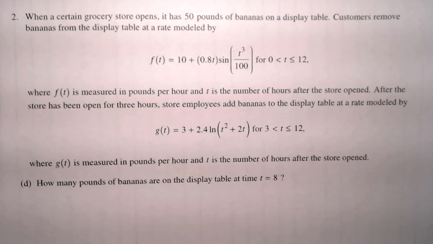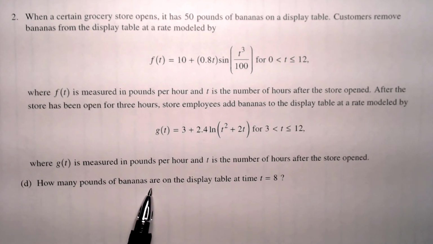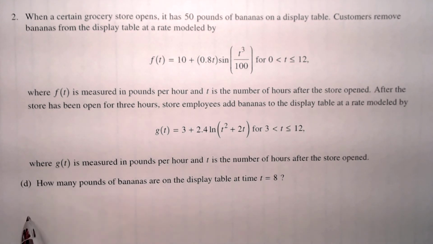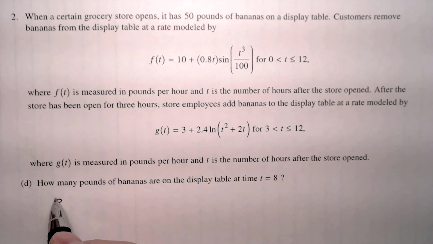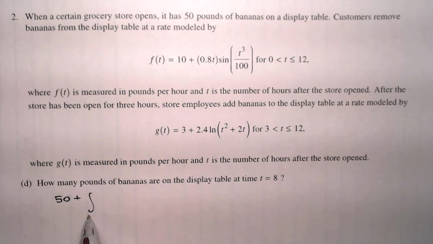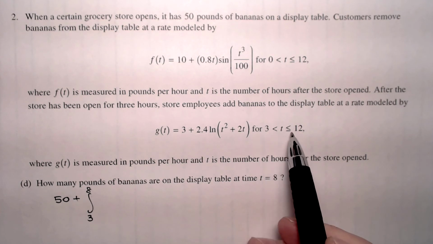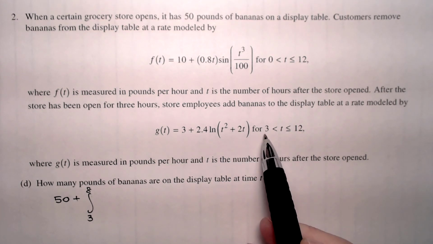In this question, we are being asked how many pounds of bananas are on the display table at time t equals 8. And so this is the number at time 0, plus all the bananas that have been added. And in this case, this is between 3 and 8, because the bananas are not being added between time 0 and 3.